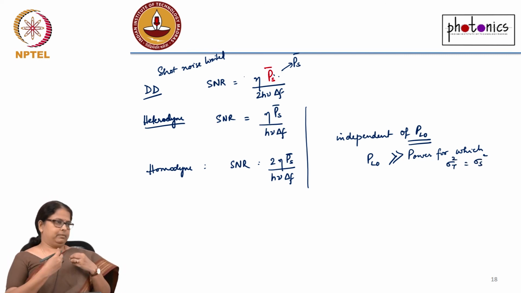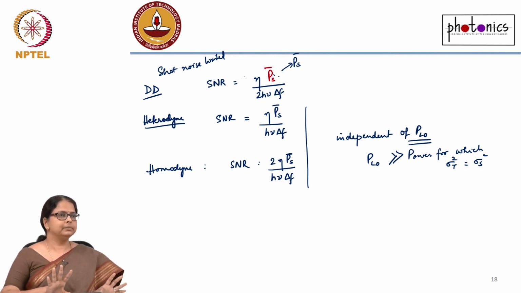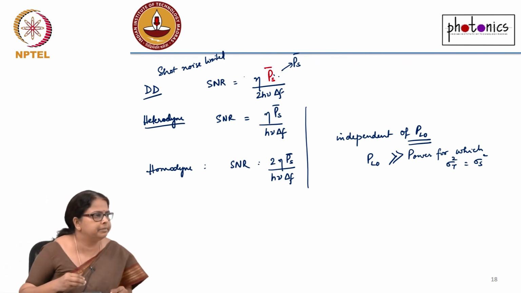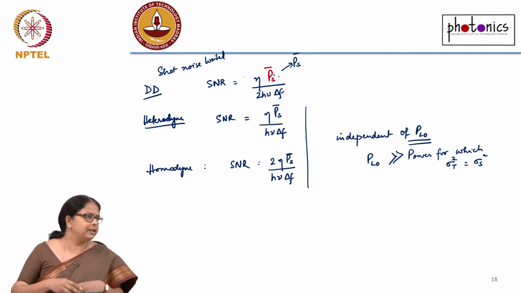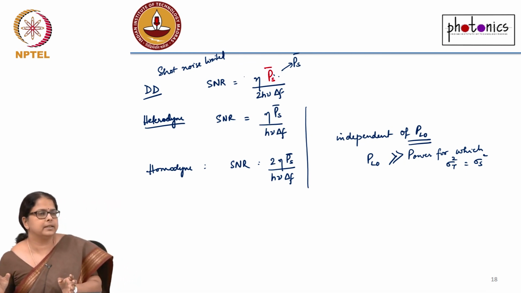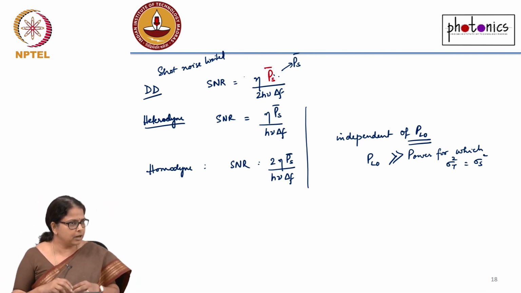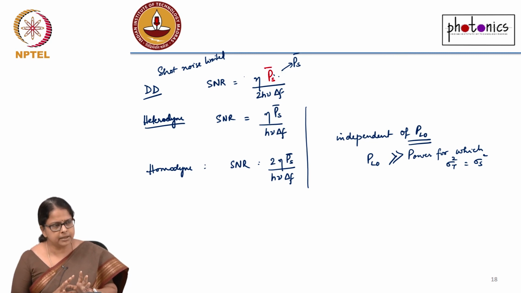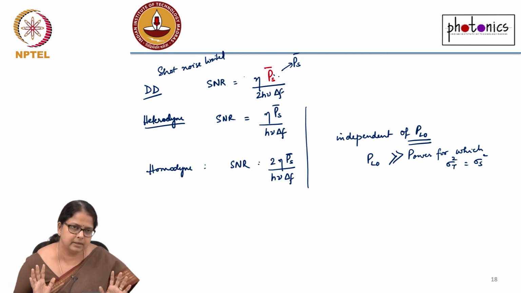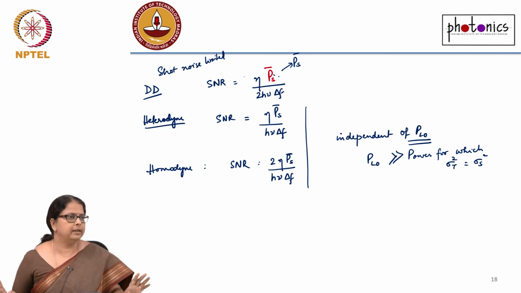Once you are able to increase your LO power, you do not have to keep increasing it to 50 milliwatt and 60 milliwatt and 70 milliwatt and so on. The moment you cross the power for which sigma t is equal to sigma s, you are already in the shot noise limited condition, and you will definitely get a 3 dB benefit. That is not dependent on my LO power.